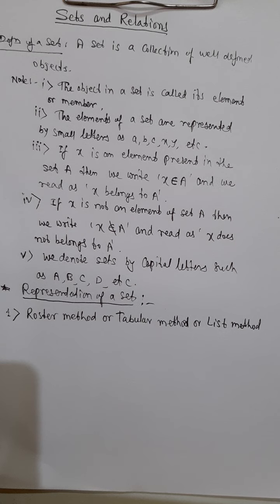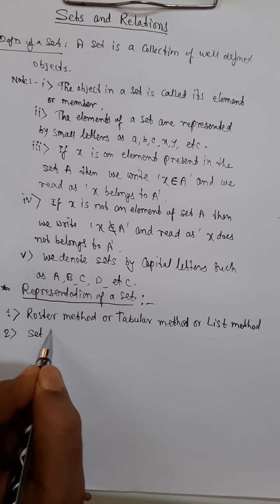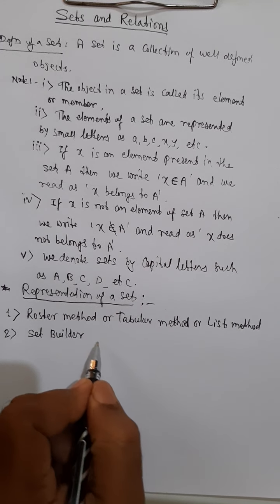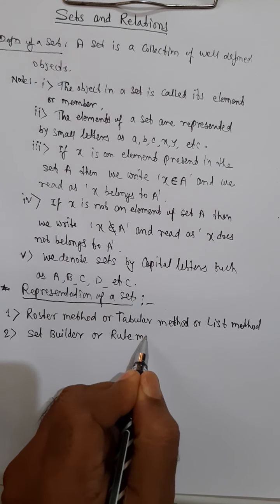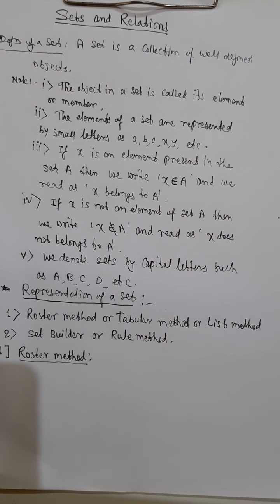The second method is the set builder or rule method.